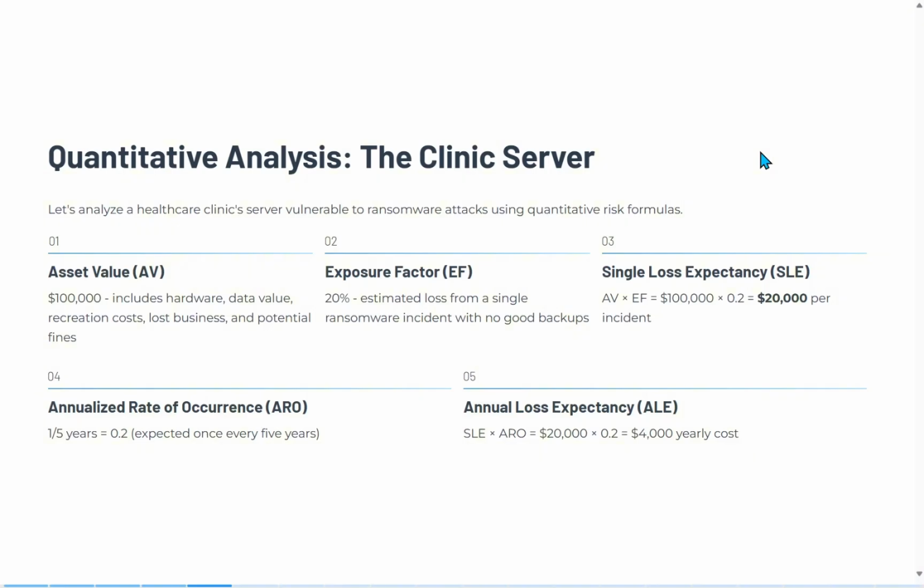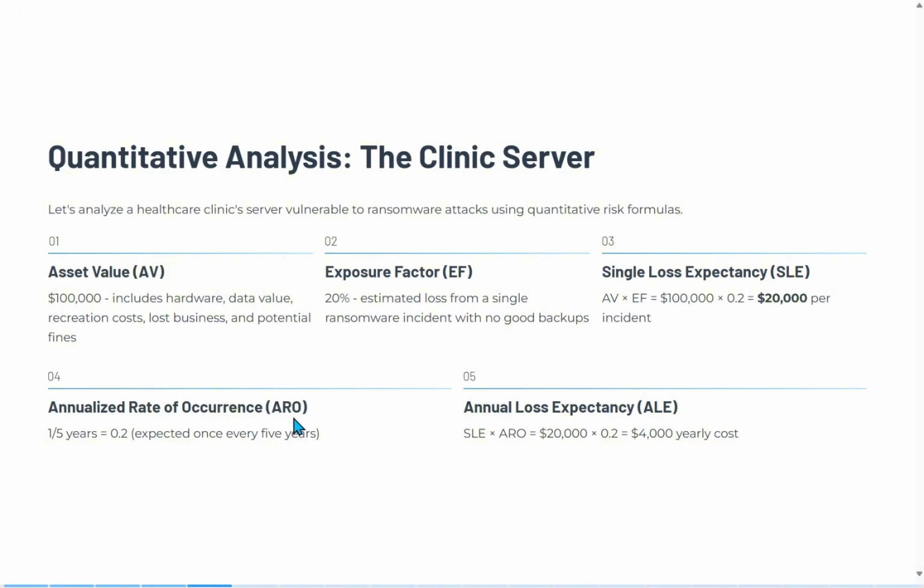So the single loss expectancy, you have the asset value, which is 100,000, times the exposure factor, which is 20%. 20% of 100 is 0.2. So now 100,000 times 0.2 gives you 20,000.